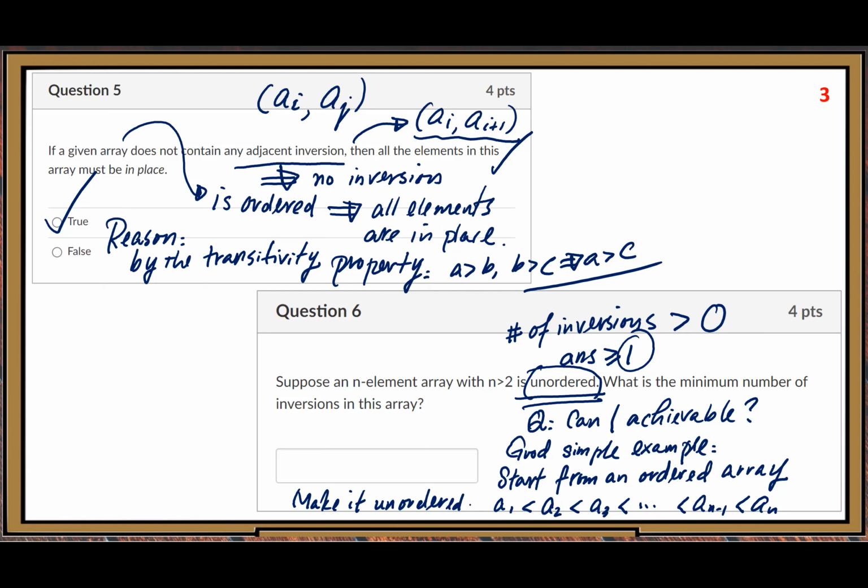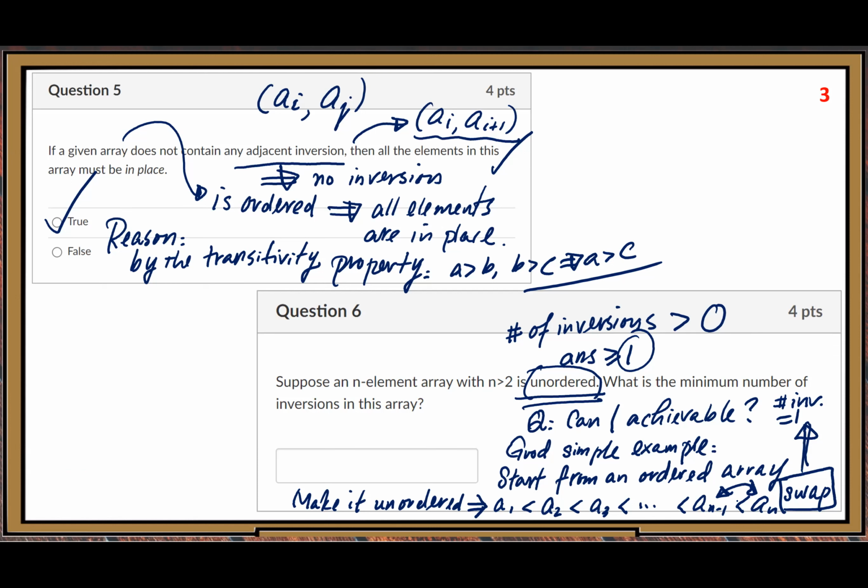How to do it? Swap the last two elements. Just swap the last two elements. If you do that, is the number of inversions equal to 1? Because only the last pair of elements form an inversion. The remaining are still in order, right?